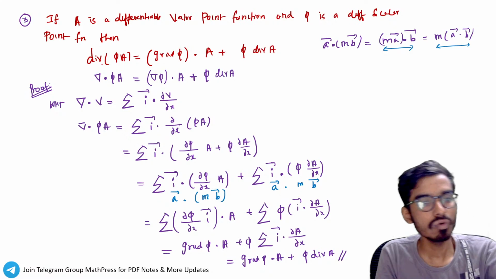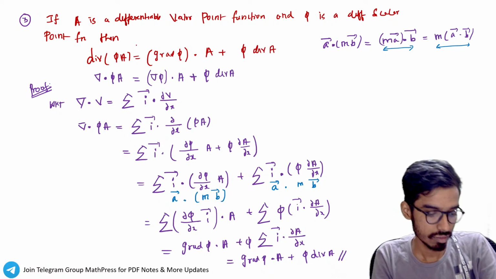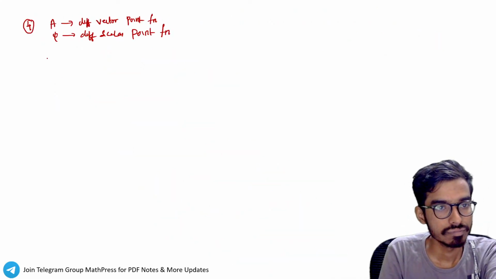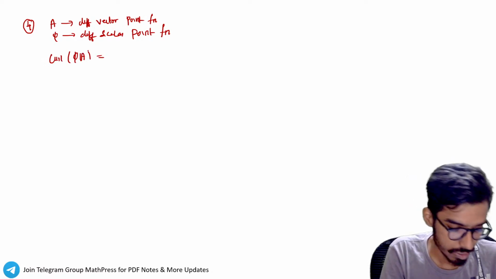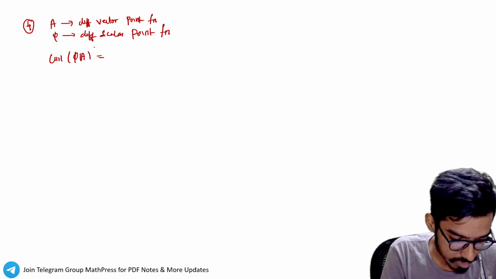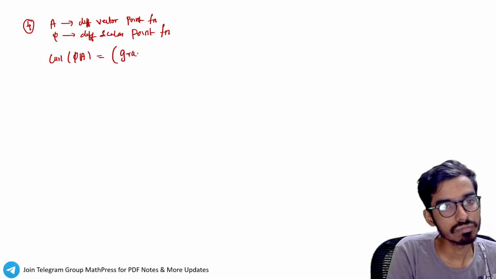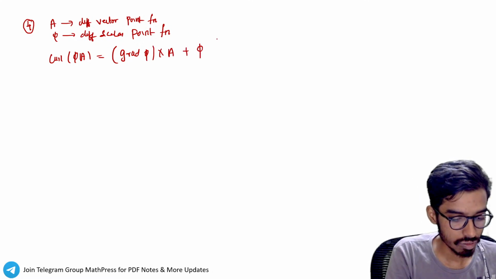Now here we have proved divergence of phi A. Now we are going to prove curl of phi A. What about curl of phi A? Curl of phi A is grad phi cross A plus phi into curl of A.